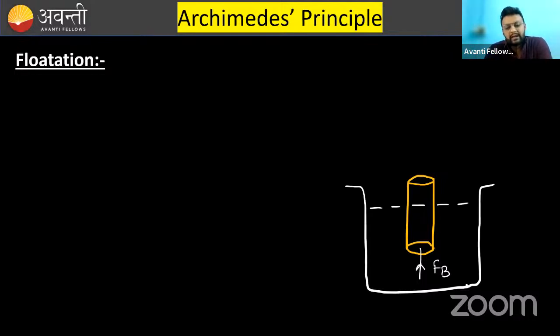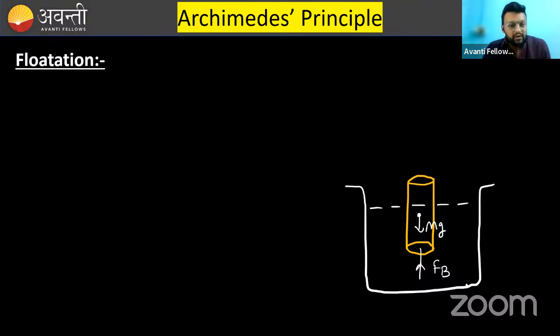There is no issue with that. And another force is the weight of the body. And the weight of the body is nothing but mg. Are you getting my point? So there are only two forces acting on the body. One is the buoyant force, the other is the weight of the body.